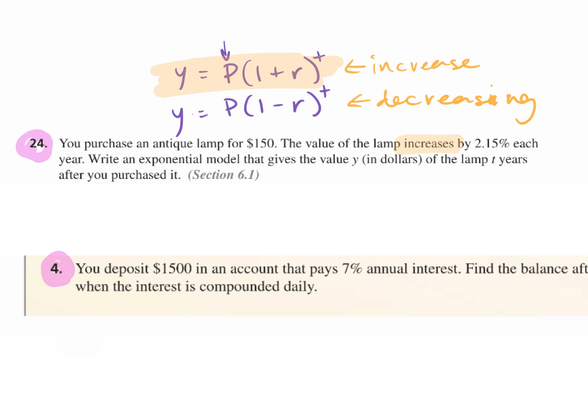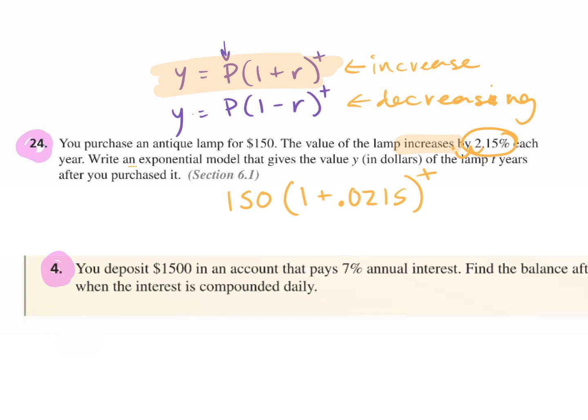All right, so let's plug in what we have. What's our starting amount? 150 times 1 plus, what is r? What's our rate? Perfect. We have to take our decimal and move it 2 times to the left. So it'd be 0.0215 to the power of t.